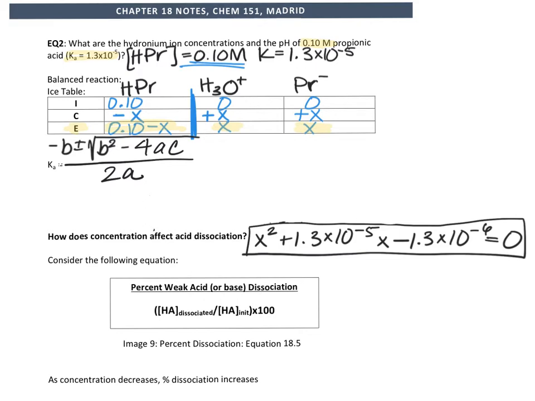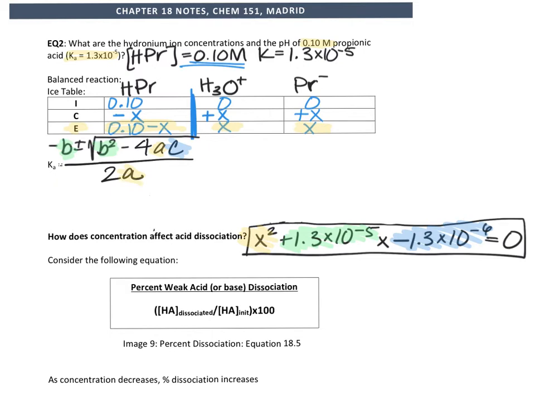Okay, I'm going to highlight, this is my a, this is my b, and last one, this is my c.